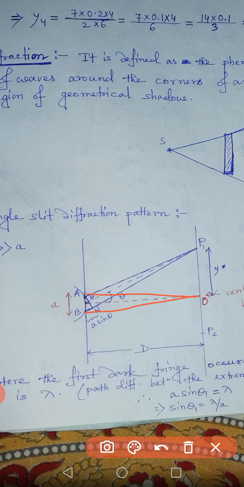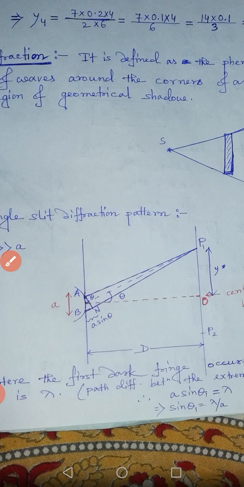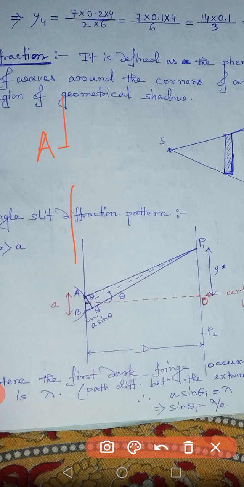I'm just drawing this part here. Suppose this is the slit, this is A, this is B, and there is the screen. From A to O and B to O they don't have a path difference, they are meeting at point O.